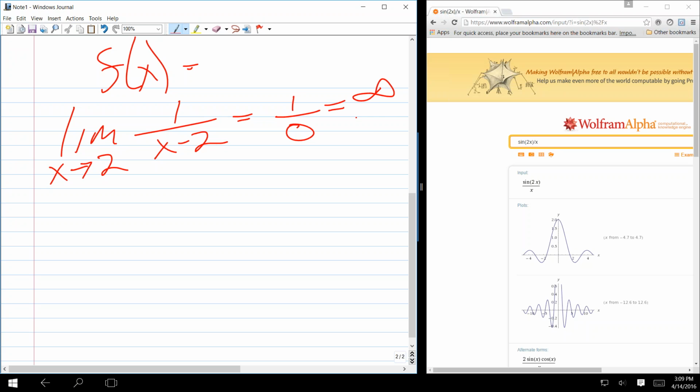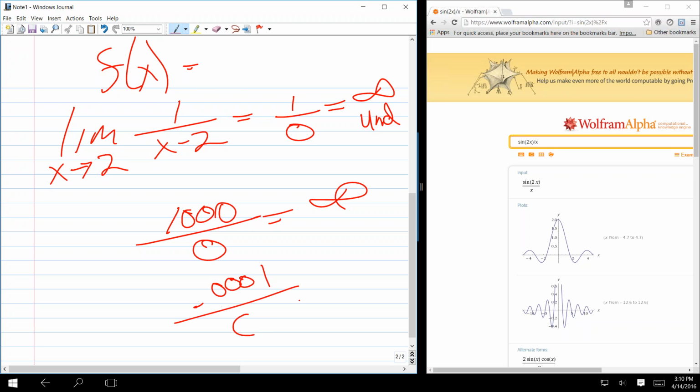They may choose to call it undefined if they don't like using the word infinity. But even if I had 1,000 over 0, that's infinity. Even if I have 0.0001 over 0, that's infinity.